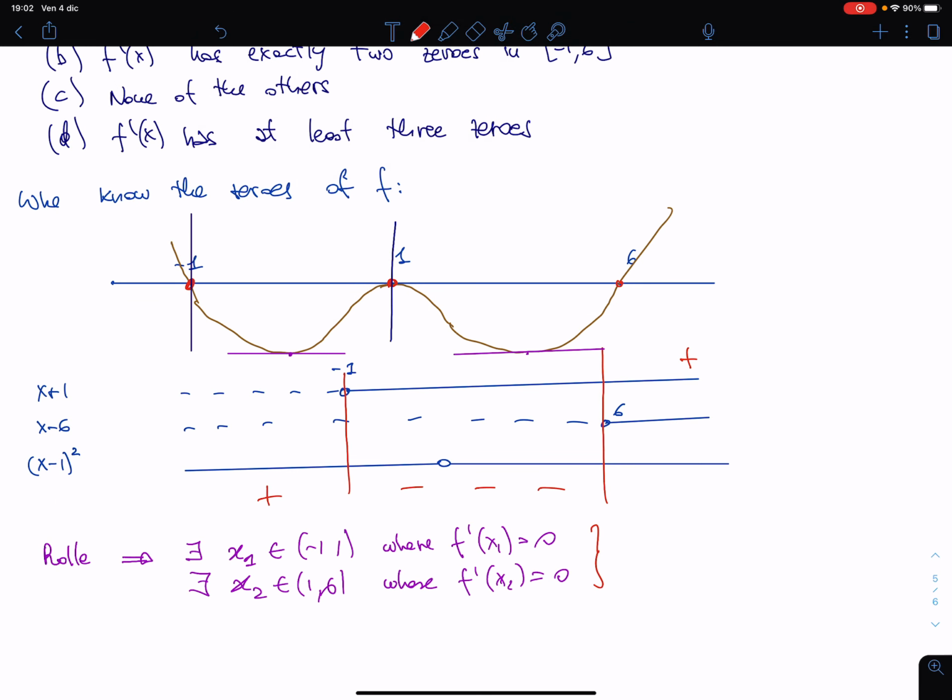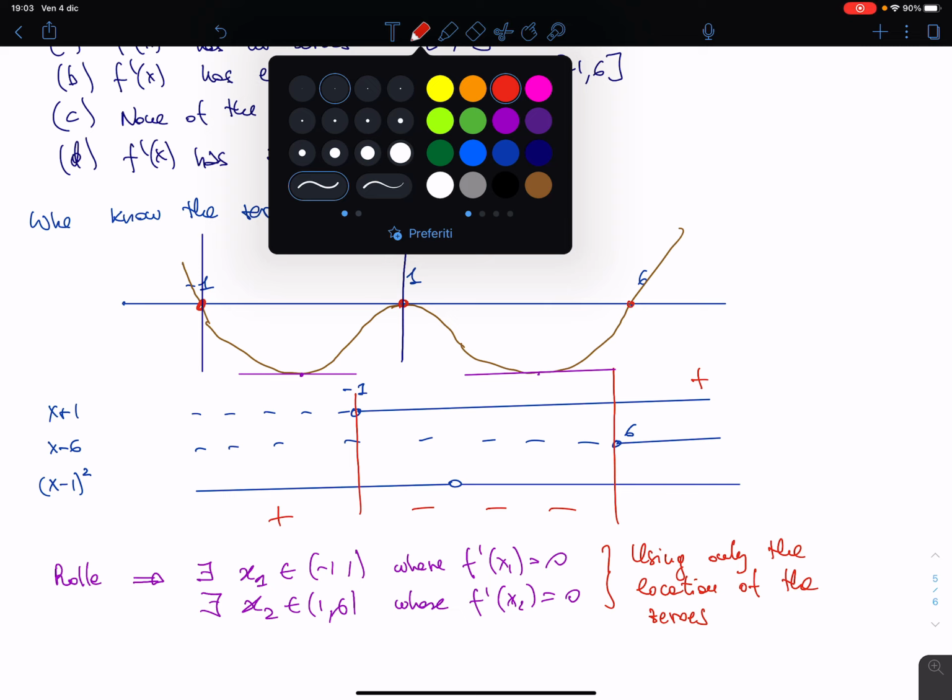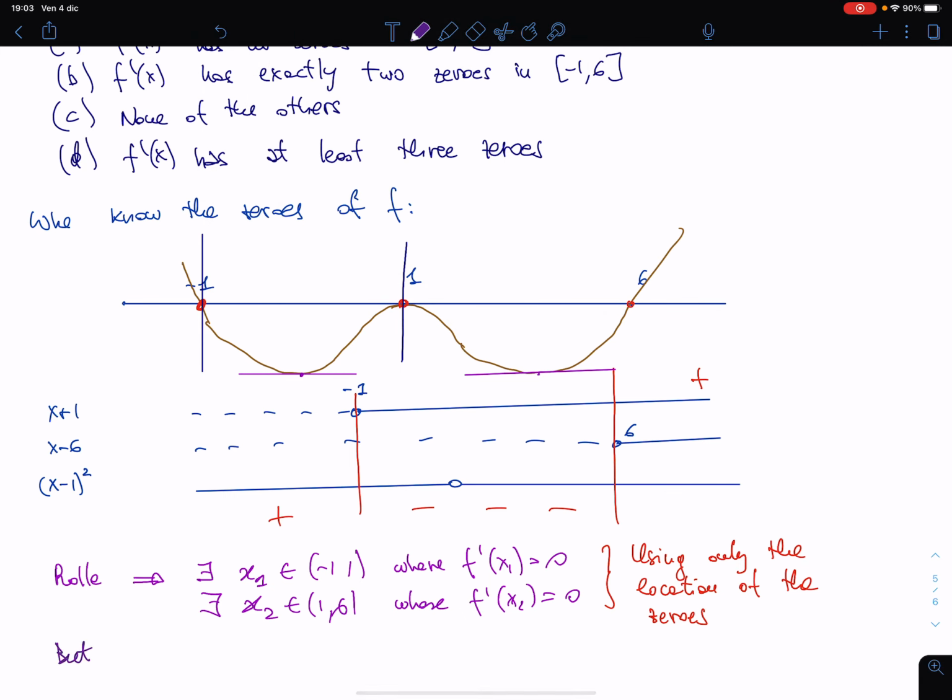If you just see the picture, or do a picture like that, you see that there is another 0 here, which is 1. So x3 equal to 1 is 0 for the derivative, for f prime. This is easily seen by the picture.